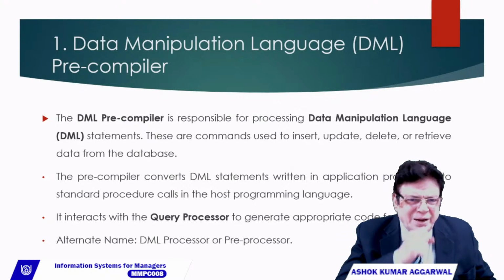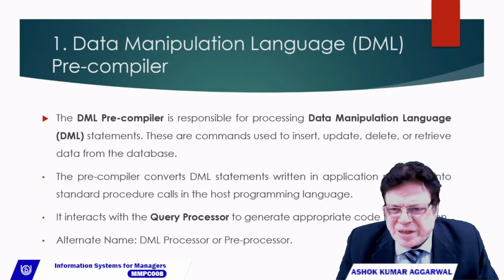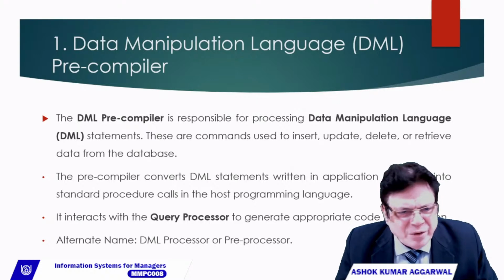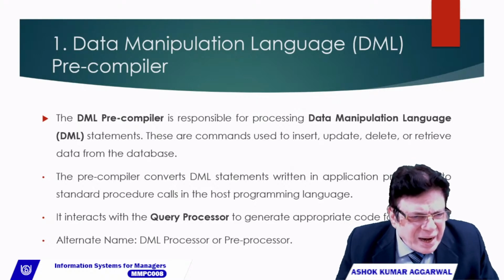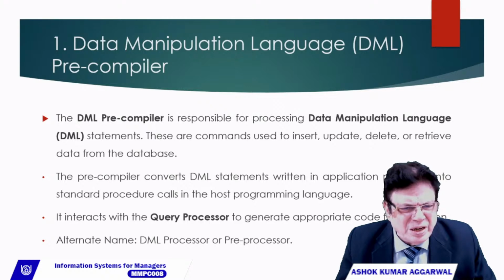The precompiler converts DML statements written in application programs into standard procedure calls in the host programming language. It interacts with the query processor to generate appropriate code for execution. Alternate name is DML processor.